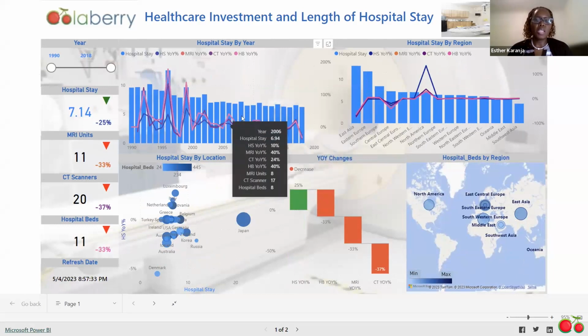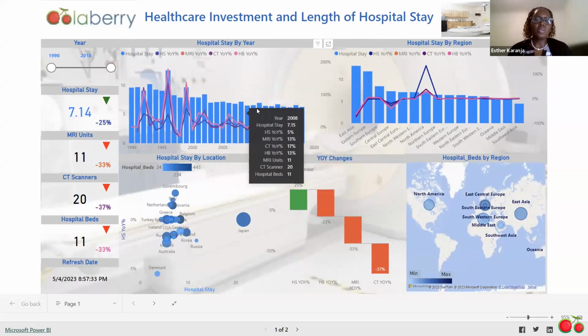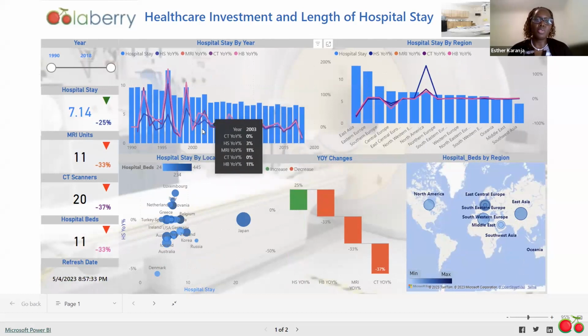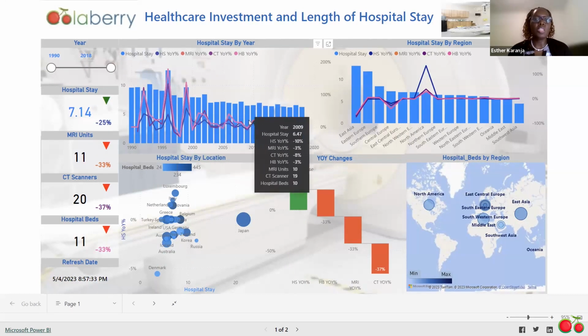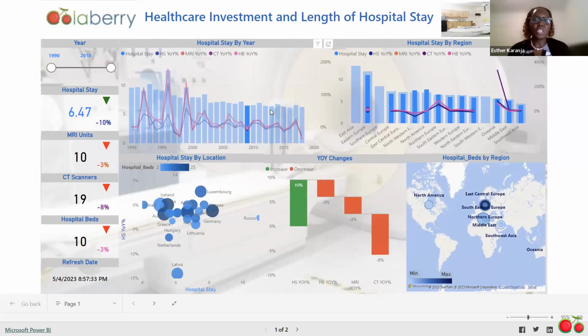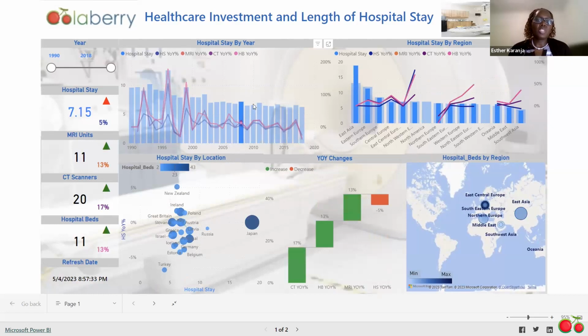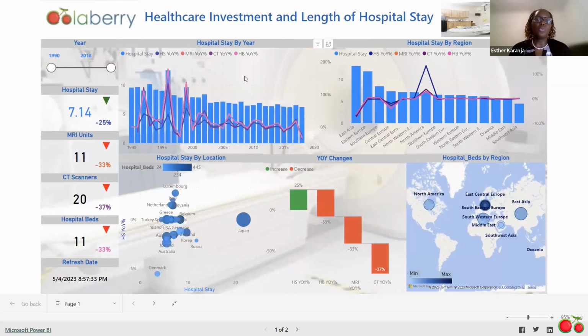So what can be done to decrease the number of days people spend in the hospital? It was averaging between 6.47 days and 7.15 days. So we need to figure out how to decrease those number of days so we don't have people spending so many days at the hospital.